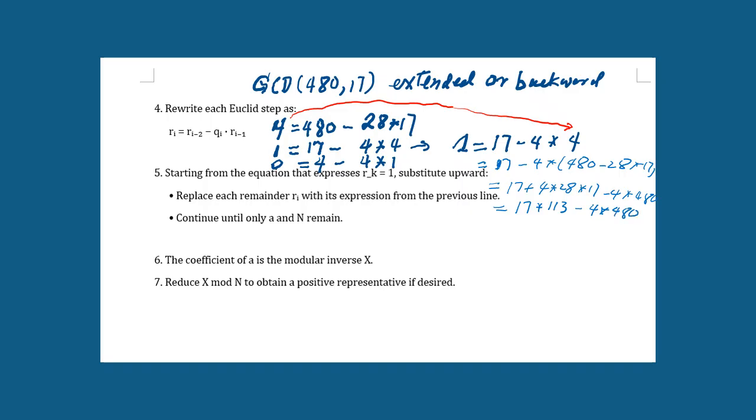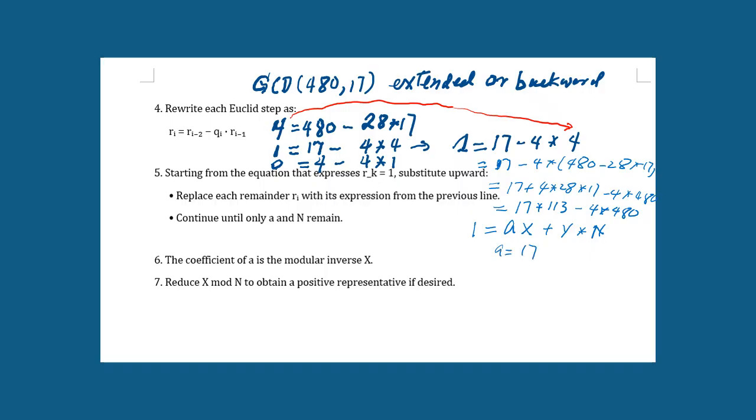So now we put this into the format of the equation we want, right? This is A equal to A times X plus Y times N. Obviously here A is 17.